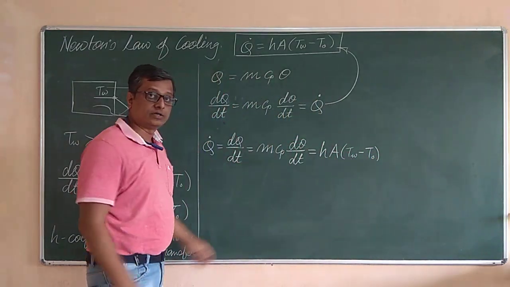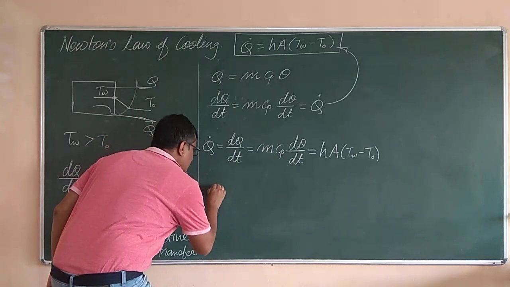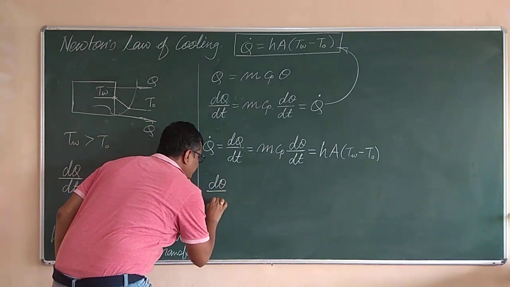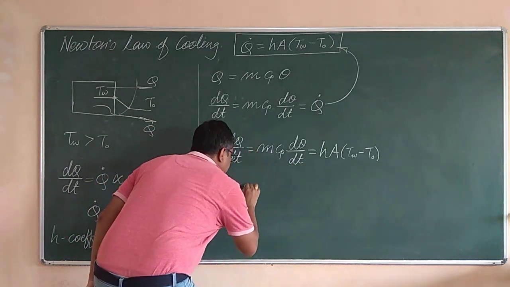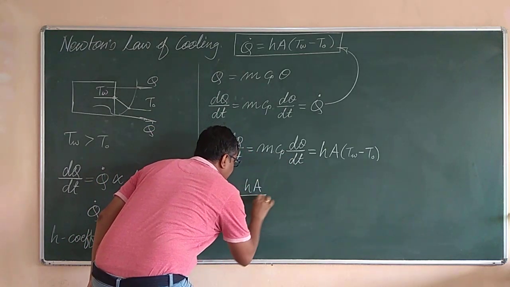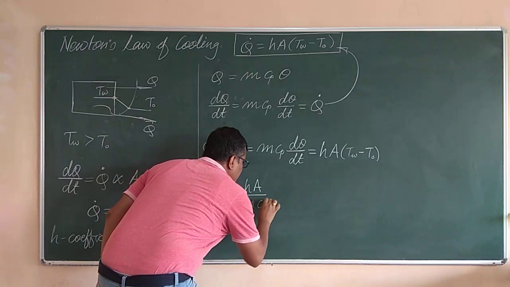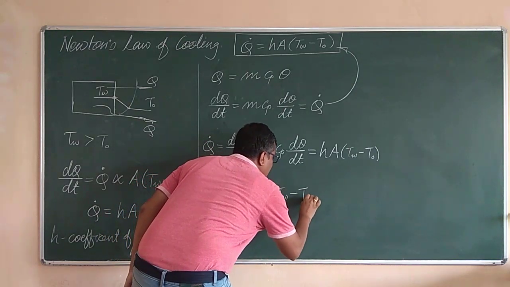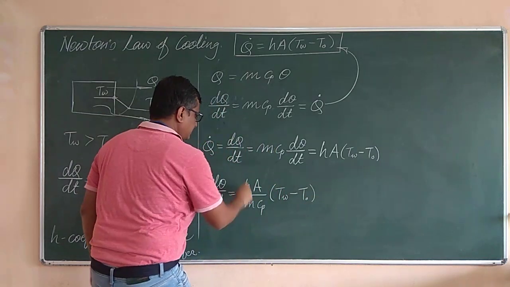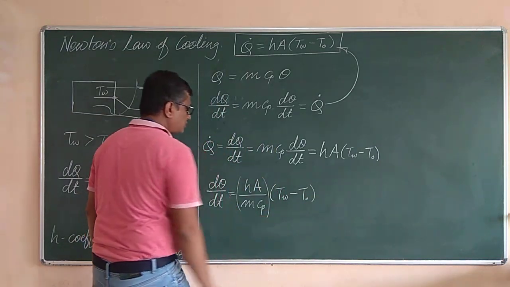So let us reshuffle this equation. I would like to write d theta by dt equals, if I take m and Cp to that side, hA divided by m Cp into the temperature difference between the wall and the surrounding air, and I think this entire term is constant.